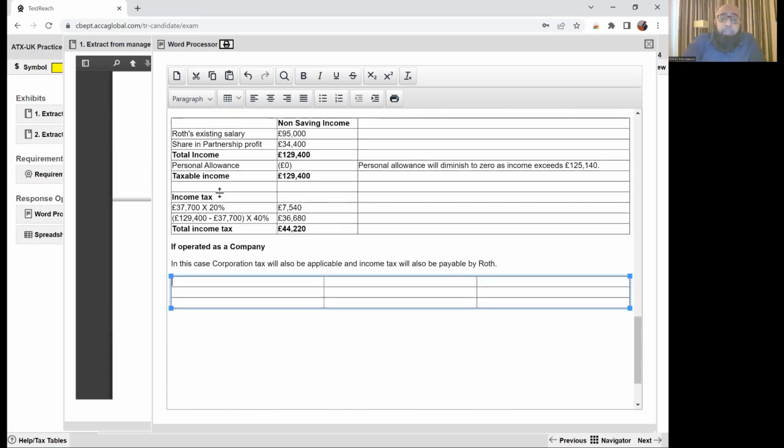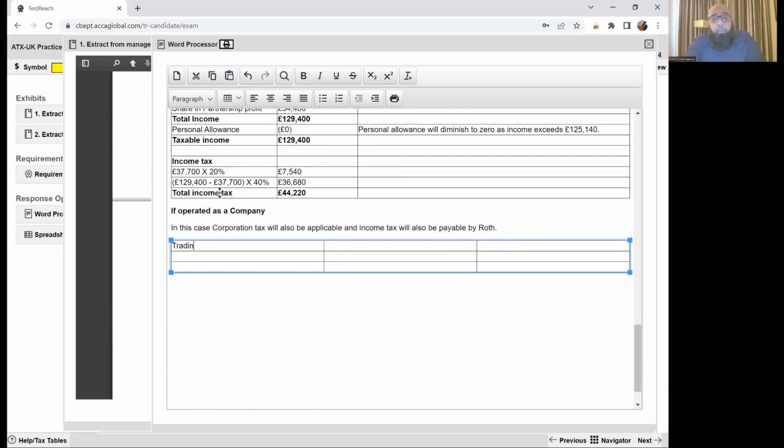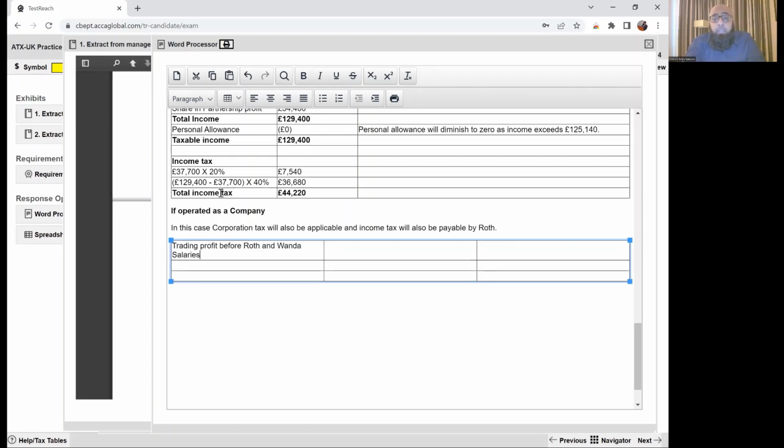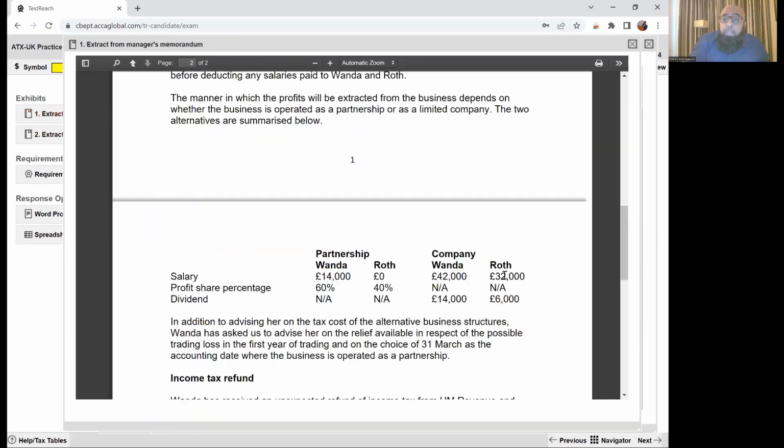Now, trading profit before Roth and Vanda salaries. So the trading profit before Roth and Vanda salaries is 100,000. Now, what is the Roth salary in this case? Roth will get a salary of 32,000 and Vanda will get a salary of 42,000.